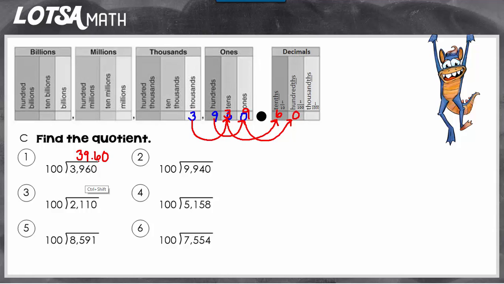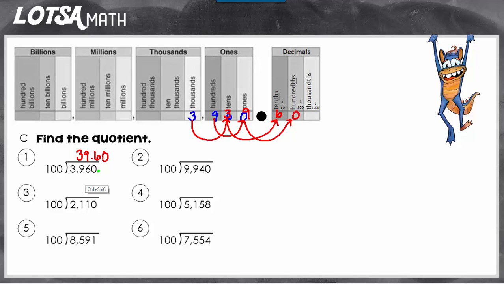That's our answer. And you'll notice it uses the same digits. It's just the place that each digit is in changes. And you can really think about that if you pay attention to where the decimal point would go if there was one in this dividend, 3,960. The invisible decimal is actually right there. So that means this 0 was in the ones place.